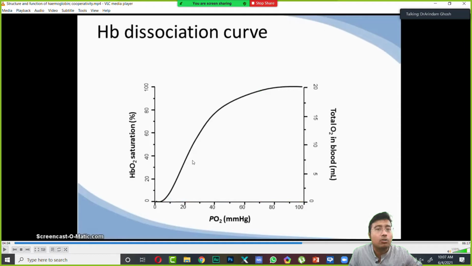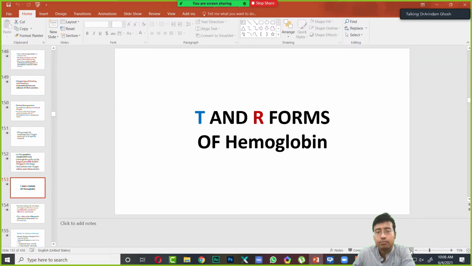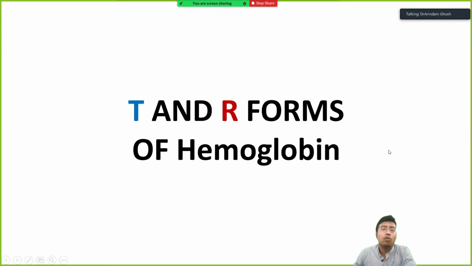We'll again look at the oxygen dissociation curve, but you have to understand why the sigmoid nature is there. It is there because first it takes time to start, okay? As soon as it starts, it reaches the plateau, and once it reaches the plateau, it remains at the plateau even if the oxygen saturation is not 100. Compared to if it were linear, it would have taken much more oxygen to fully saturate the oxyhemoglobin molecule, right?